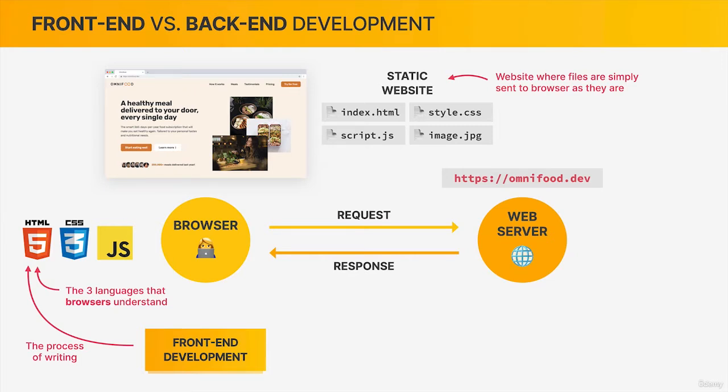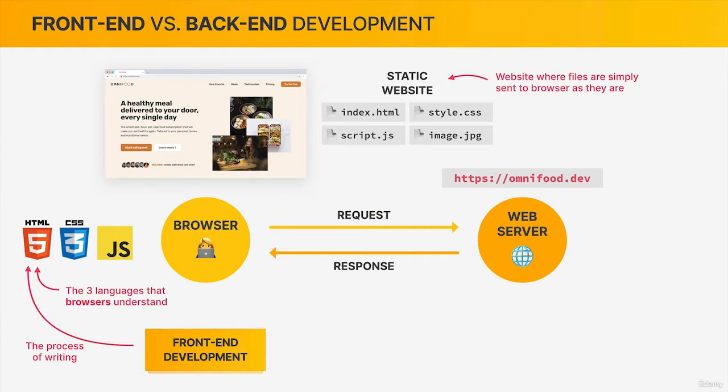But for now, just keep in mind that a static website is basically a website where the files are simply sent from the server to the browser as they are, so without any transformations. Alright? So I hope that from this you learned what front-end development is and also about the 3 core technologies that make up any website.